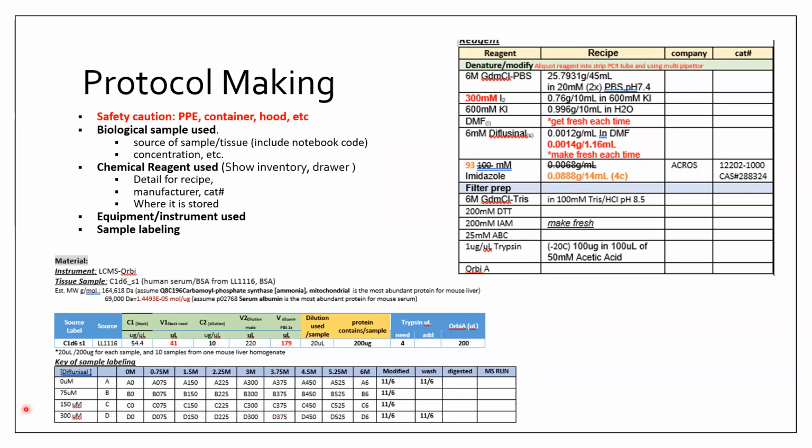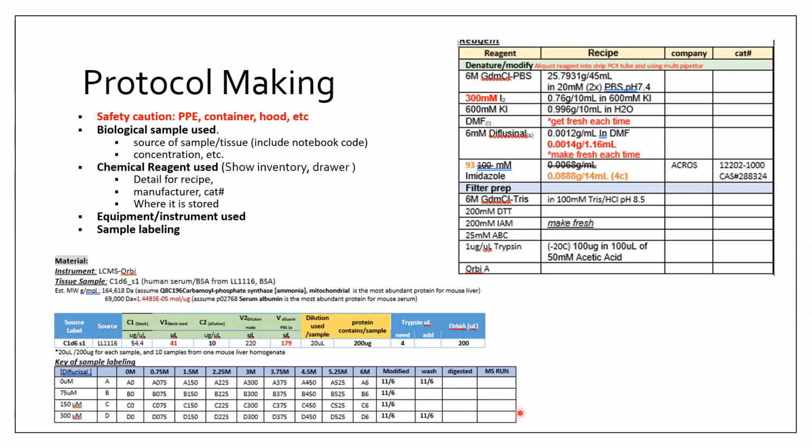So you have a key of your simplified labeling. That takes care of the biological samples. Then you will know exactly what you are analyzing, and when it comes to your data, you know what they are and how you're going to compare them.